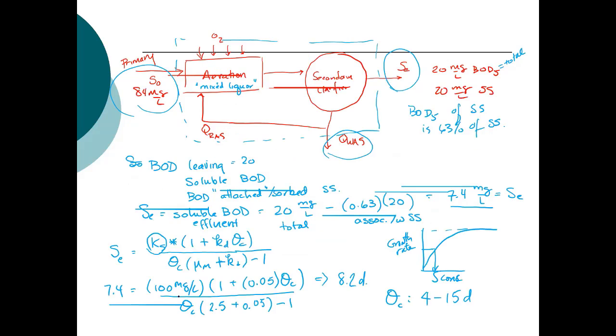because the microorganisms are flowing backwards, and you're continually recycling microorganisms around and around. So they stay in the system a lot longer. On average, that mass is staying in the system for 8 days.